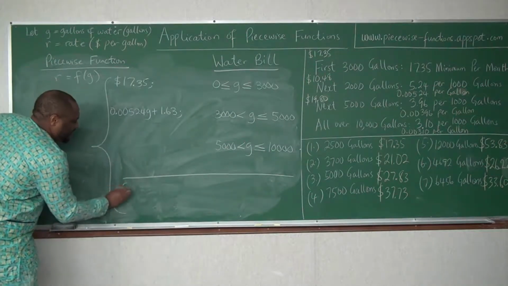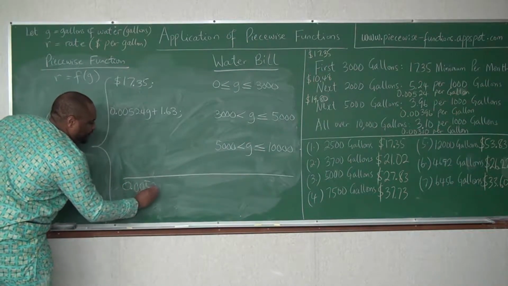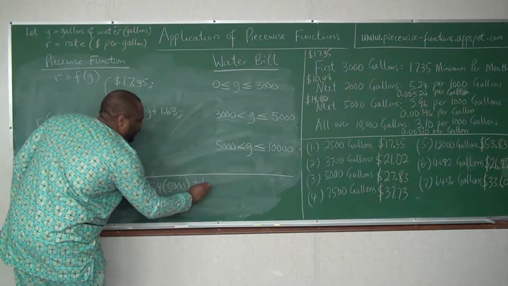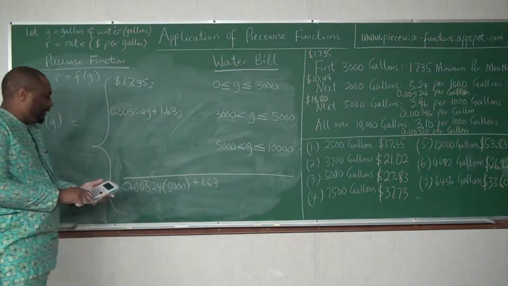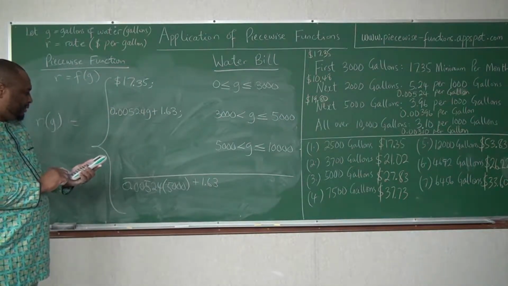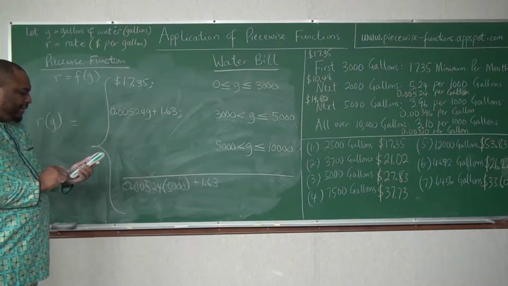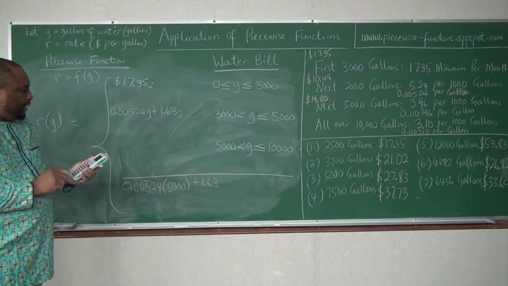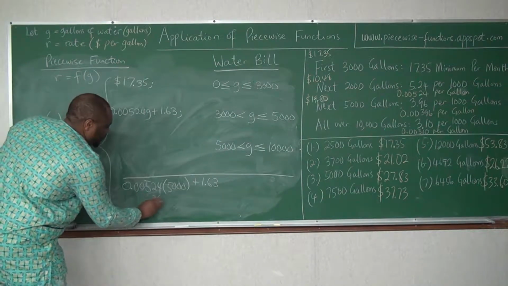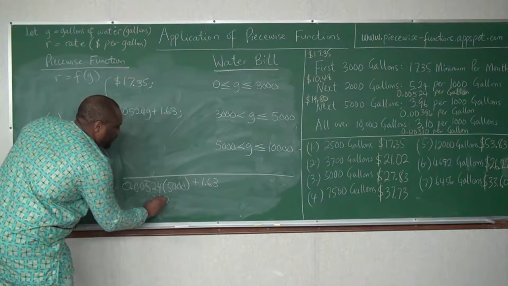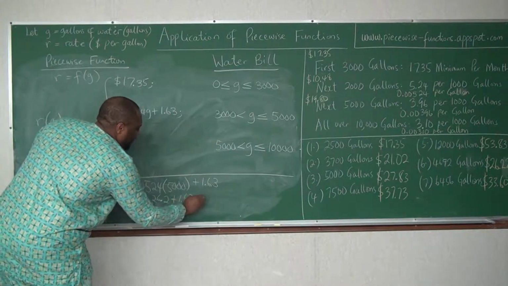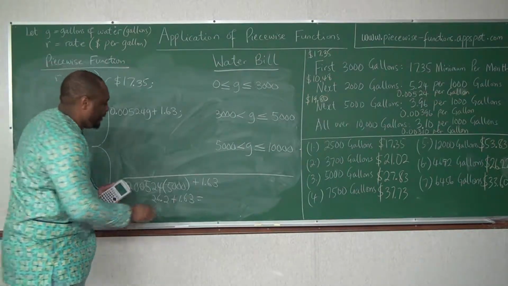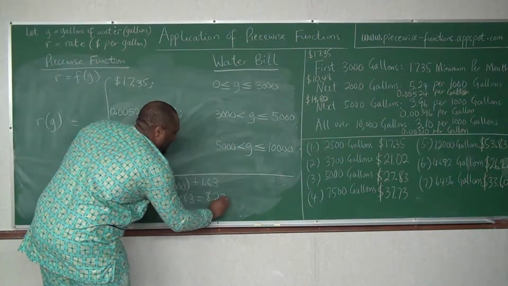We do 0.00524 times 5,000, then plus 1.63. 0.00524 times 5,000 gives us 26.2, plus 1.63, which is $27.83.